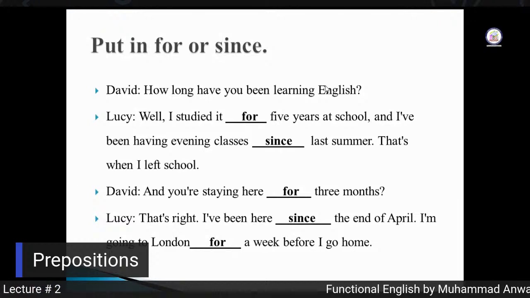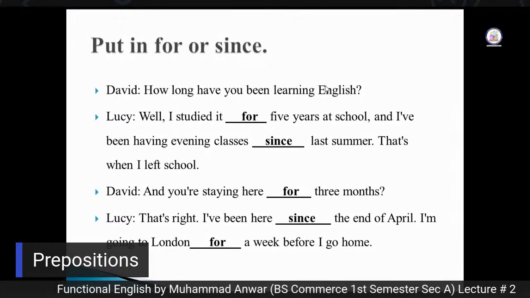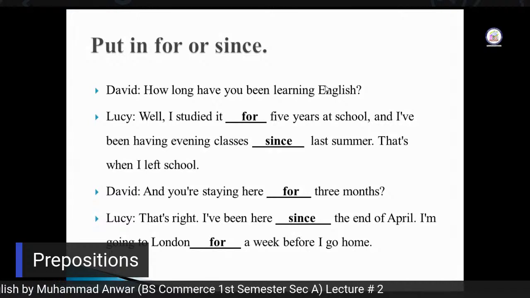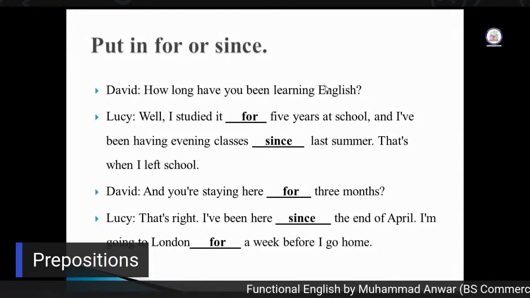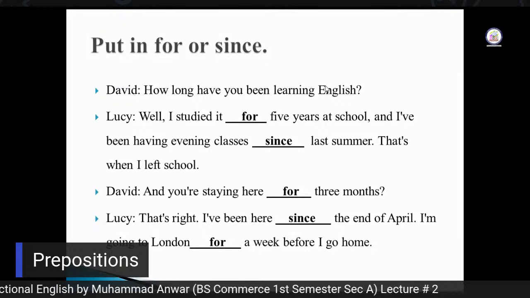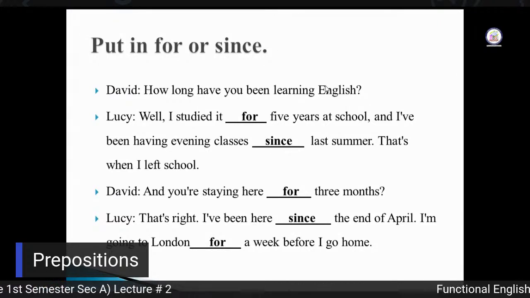And you're staying here for 3 months. You're talking about duration. That's right, I've been here since the end of April. Here, the end of April is the beginning time. Use for: I'm going to London for a week before I go home.